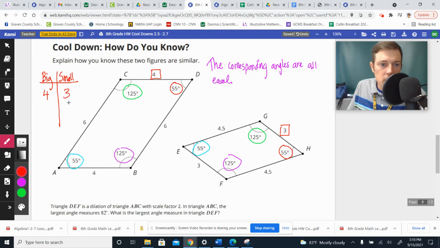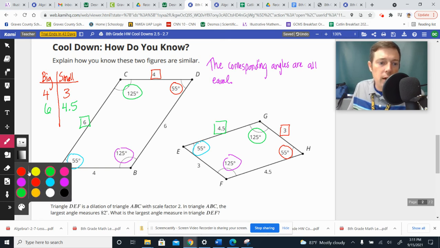And then the 6 on the left corresponds with the 4.5 over here. So 6 and 4.5. To prove that these are similar, we've got to prove that they have a common scale factor.